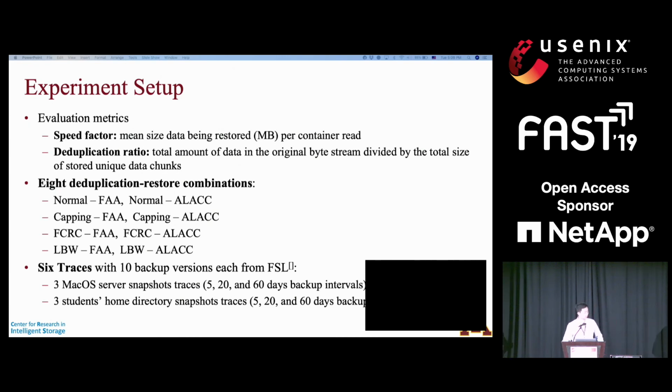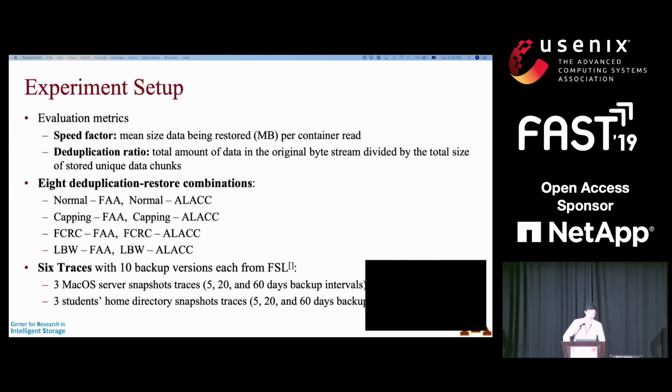FAA is full assembly, which is one type of caching scheme for the restore. And ALACC is another hybrid adaptive caching scheme we developed last year. So we want to see whether with different restore engines, our scheme can perform better or not.